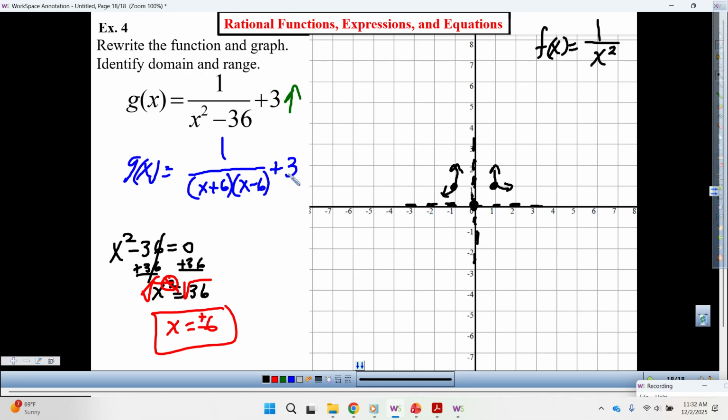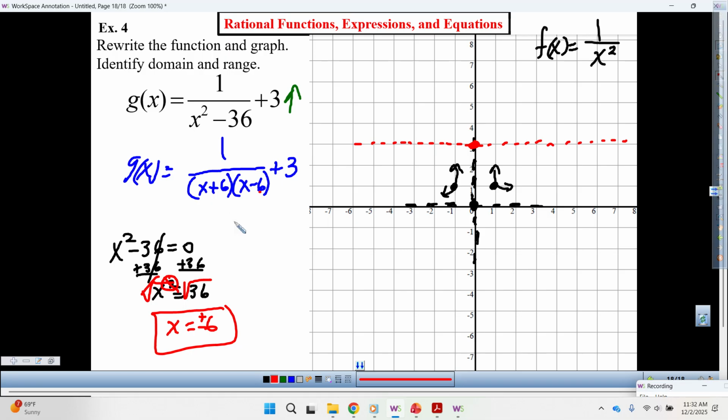So first of all, we know it's going 3 steps up. Is that correct? So let's make that one 3, which is right here. Do that in red. Next, this one is going 6 to the right, and this one is going what? 6 to the left.